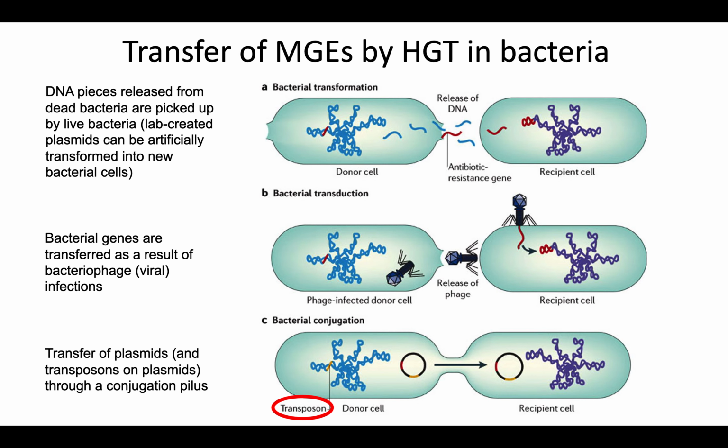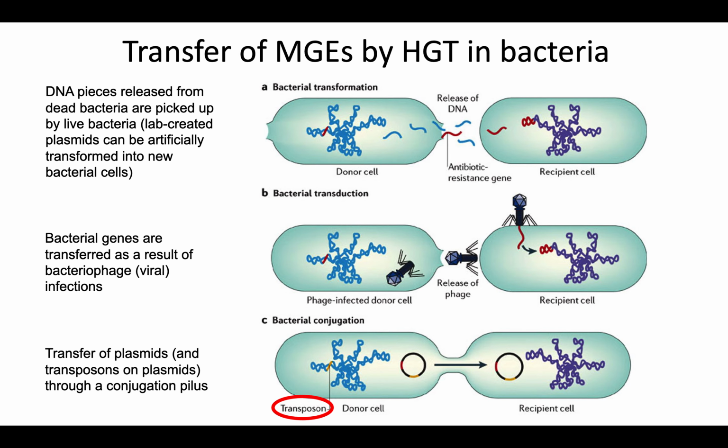When expressed, it will build a pilus or a tube that will connect to a recipient bacterial cell. Once that occurs, one part of the DNA from the donor cell's plasmid will be transferred into the recipient cell.